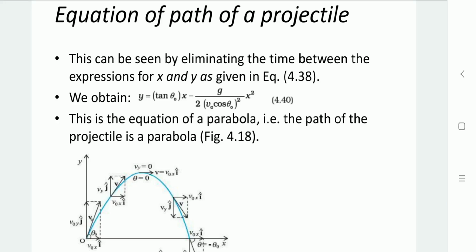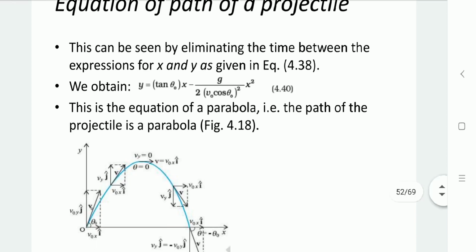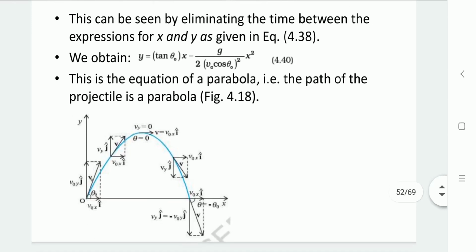As you can see, this is a parabolic path. If we compare with the parabola equation y equals ax plus bx squared, we have that kind of equation, and that's why it can be depicted as a parabolic path, as seen in the diagram.